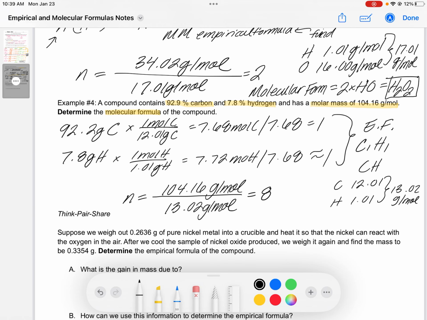And so I'm going to distribute this 8 to my empirical formula to get C8H8. This is my molecular formula of the compound based on the information that has been given to us. So that's putting all the math of the empirical and all the math of molecular together.